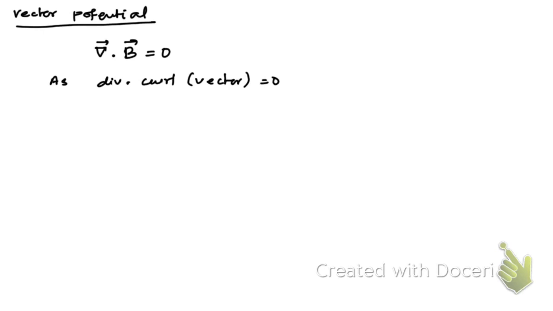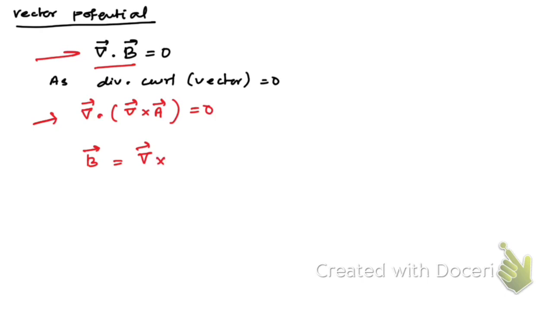That's why we can express this as the divergence of curl of some vector quantity, let's suppose vector A, equal to 0. If you compare these two, this can be written as B equal to curl of A.